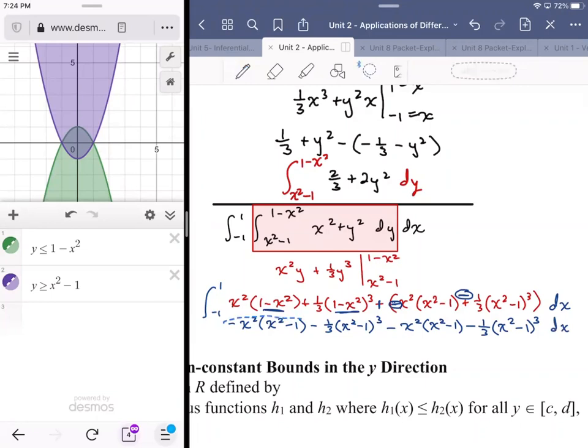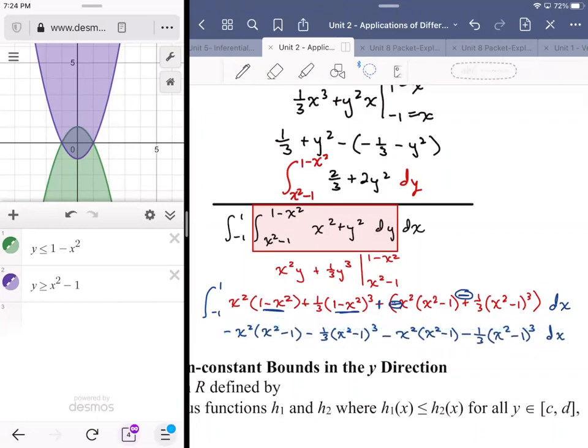Right. The benefit again is now we can combine some terms, and we'd be looking at going from -1 to 1, -2x squared times x squared minus 1 minus 2/3 x squared minus 1 cubed dx.